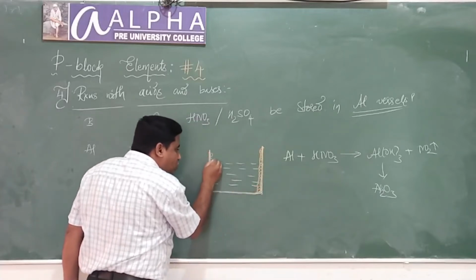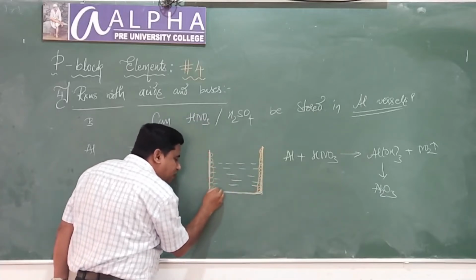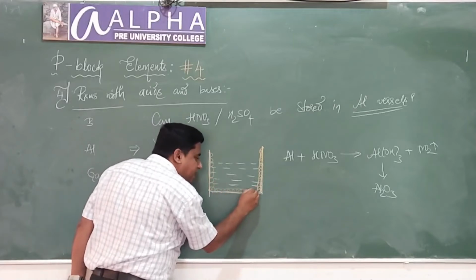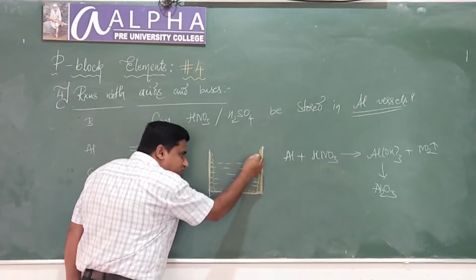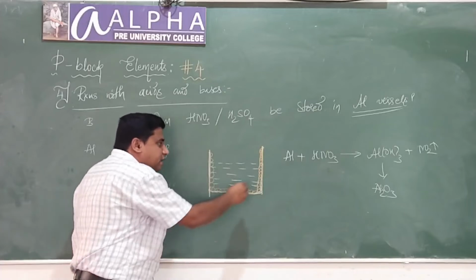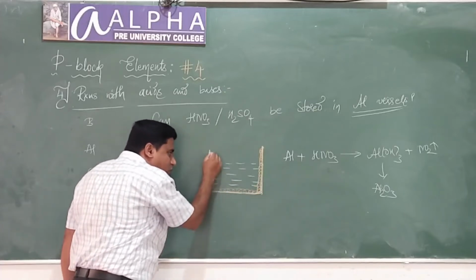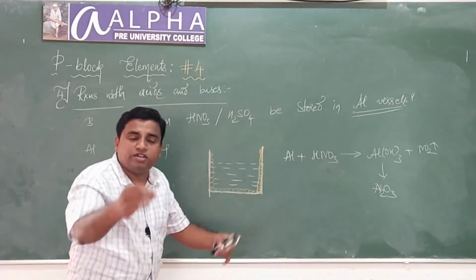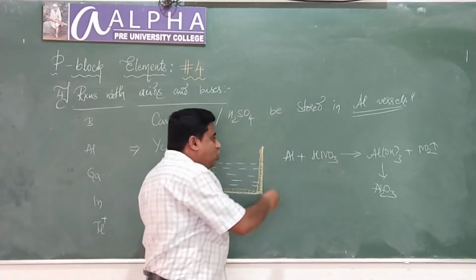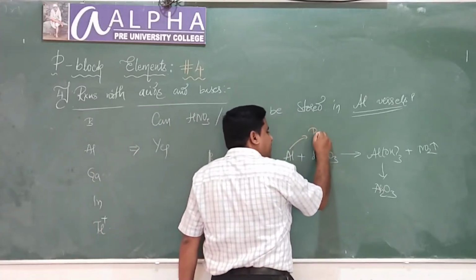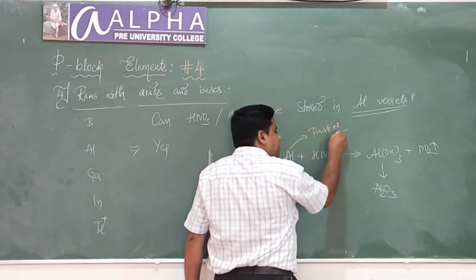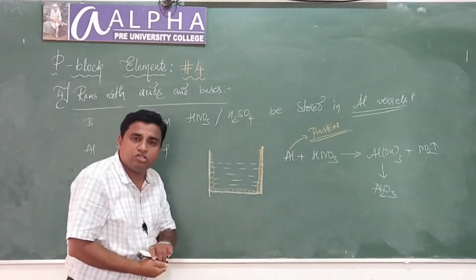See, this we have already learned. When there is a formation of a thin layer of aluminium oxide, this layer will prevent further oxidation of aluminium. That means aluminium becomes passive. Correct? Aluminium becomes what? Passive.